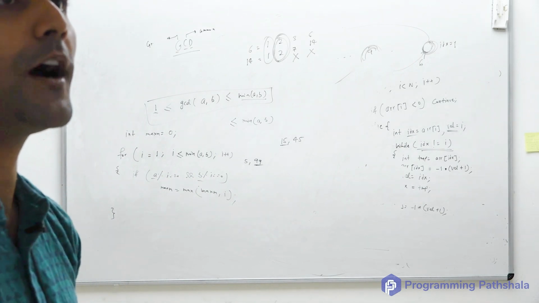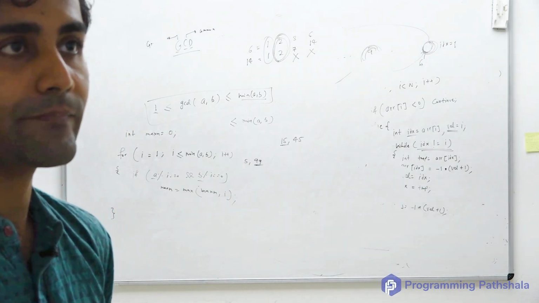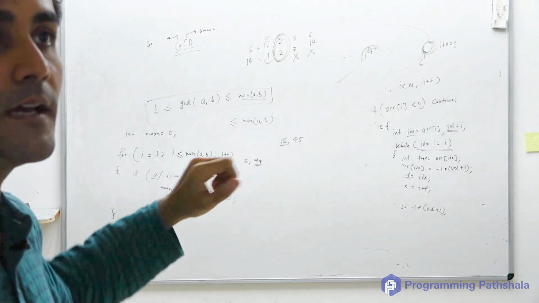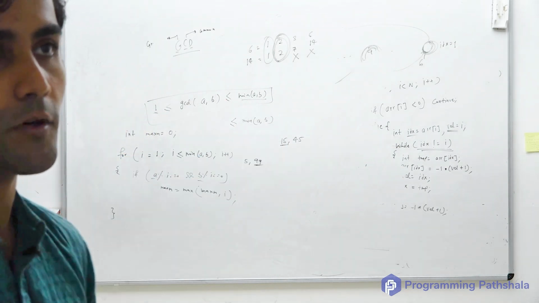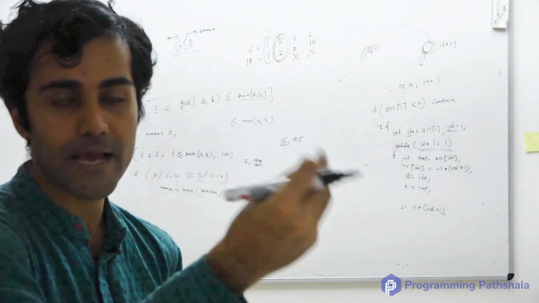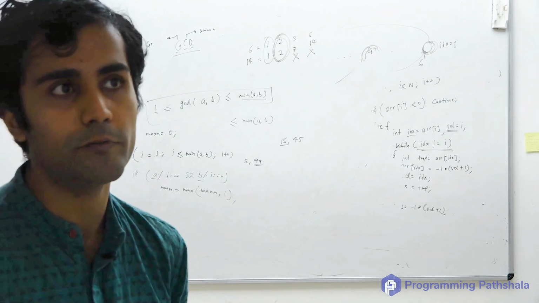How many of you think starting from backward is better? Instead of starting from 1 and going till min of a comma b, why not start from min of a comma b and go until 1? That is better, because that way the first number which happens to divide both of them would be the GCD, and you can immediately break the loop there.